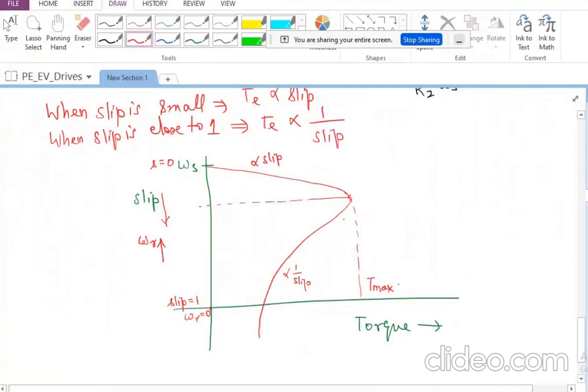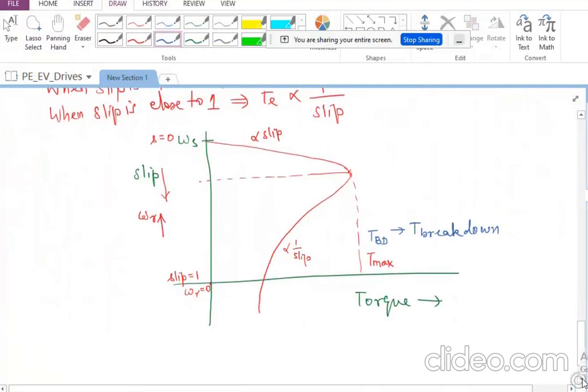If you try to load the shaft beyond this value, the entire mechanism will break down and the induction motor will not be able to deliver the torque anymore. So this generally is also known as breakdown torque, TBD. That's what you would normally see as the breakdown torque.